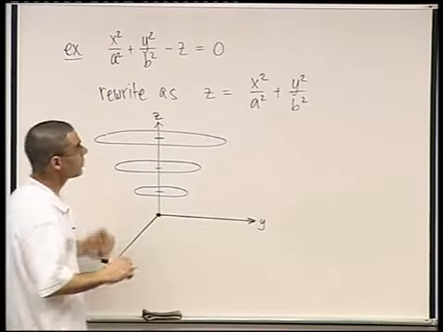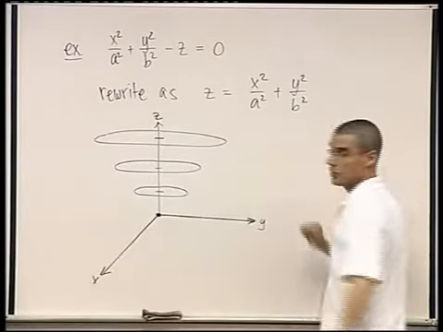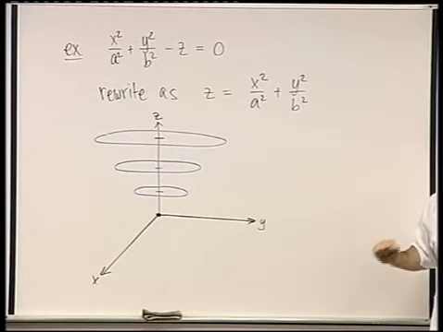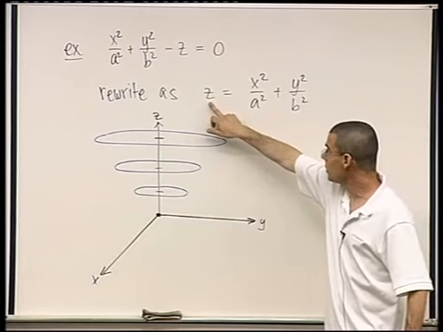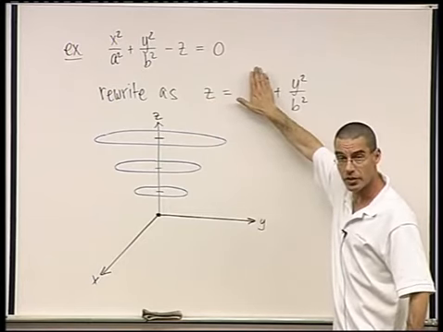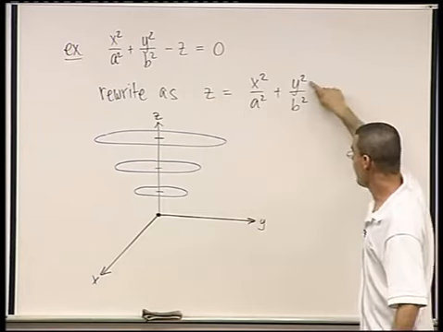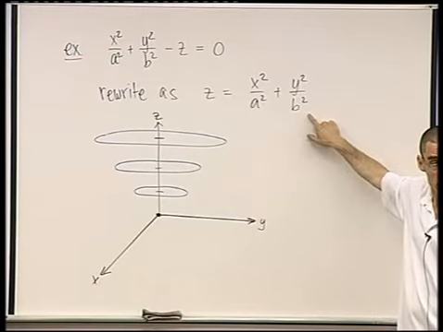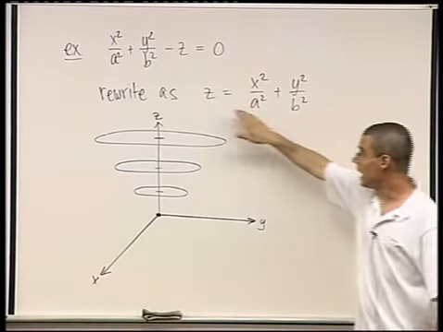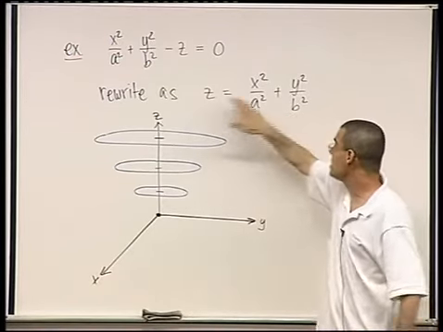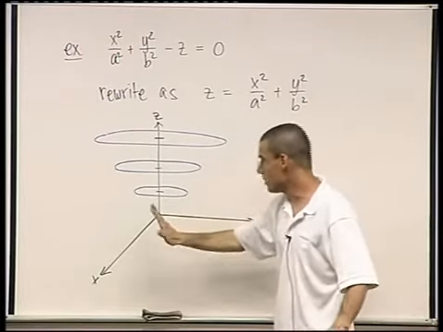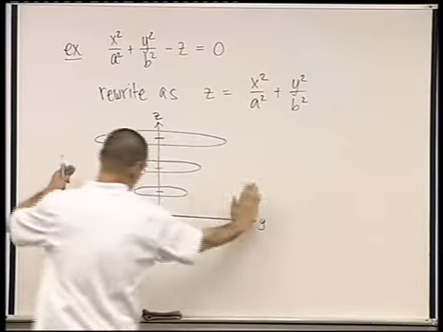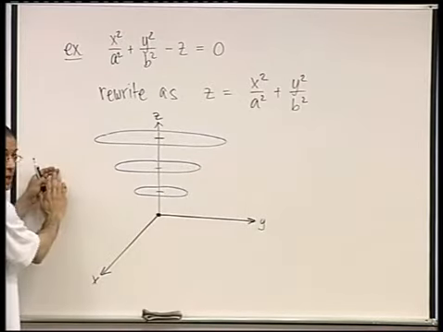Let's plug in, for example, x equals 0. What happens when I plug in 0 for x? I get z equals, this is gone because x is 0, z equals y squared over b squared. So this is already a shape that lives in the zy plane, right? X is 0 means it lives on the actual board. And what shape is that?